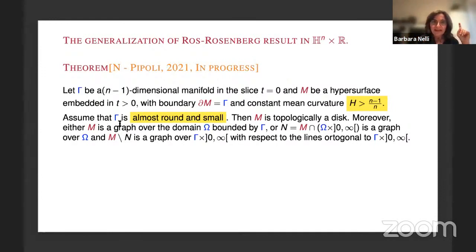Okay, before telling you about this almost rounded small assumption, I want to talk just one minute about this assumption, H larger than n minus 1 over n. That is the critical value of the curvature here. I just tell why this is the critical value, one of the reasons why.